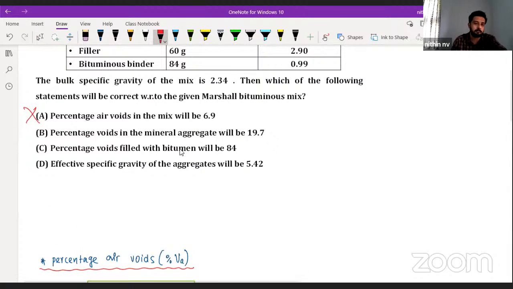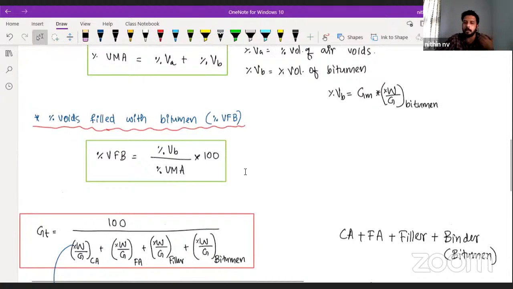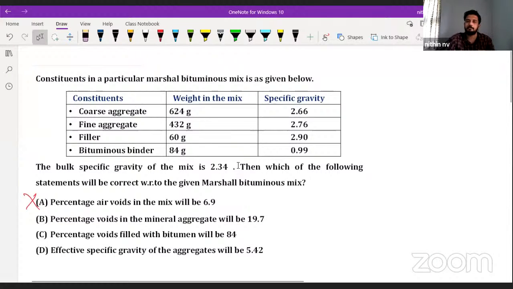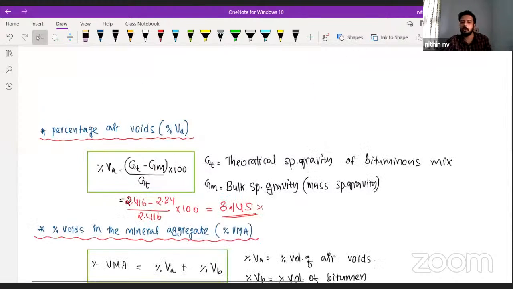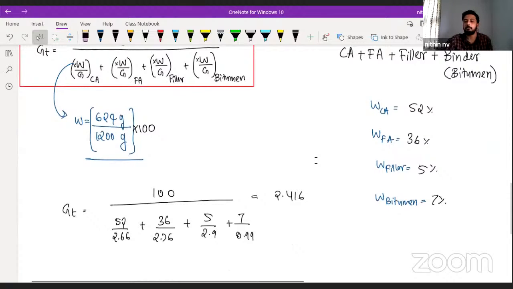No, that is wrong. That's why I told you: after doing so many calculations, you see another value in the options. You may get confused whether we have made a mistake or whether 6.9 is the actual value. Then you will go back and check again, and waste your time. So what I'm telling is, do it properly.